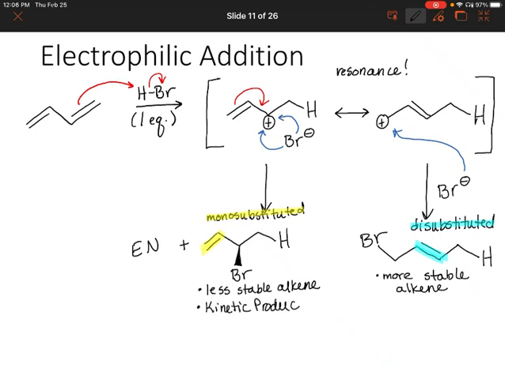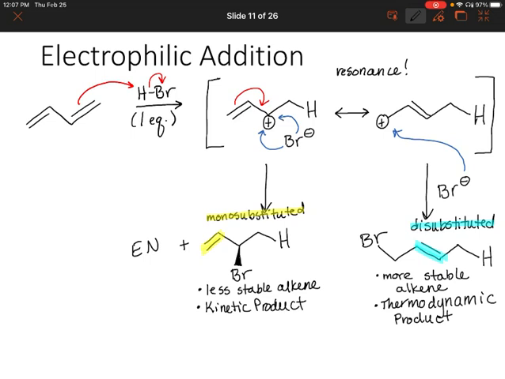Let's look at our other product. The other product came from our intermediate, which was the second resonance structure. That's actually going to be our thermodynamic product because the product is more stable. We have a di-substituted alkene as a result of that reaction with the second resonance structure.